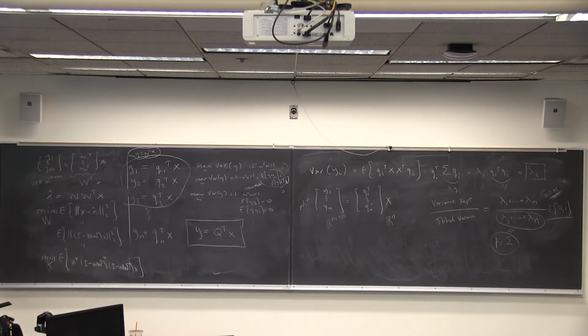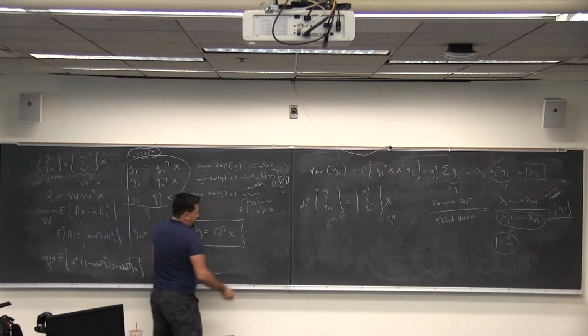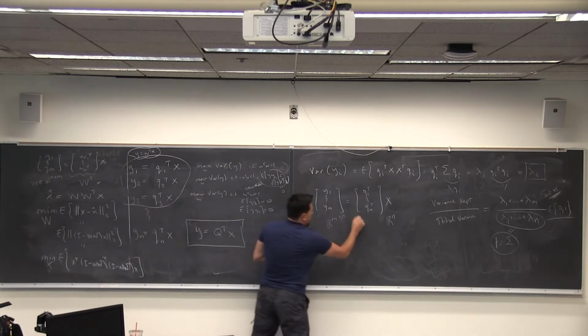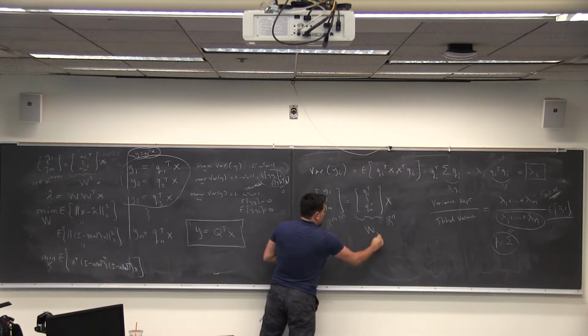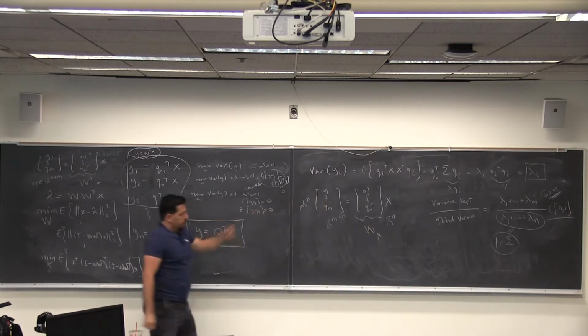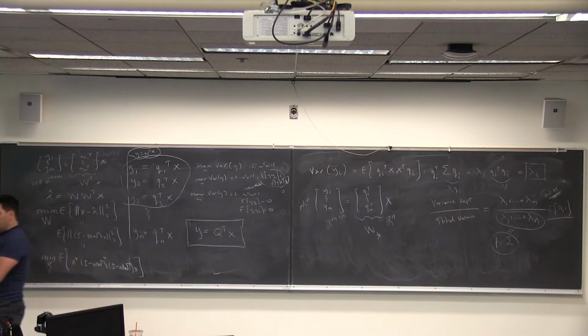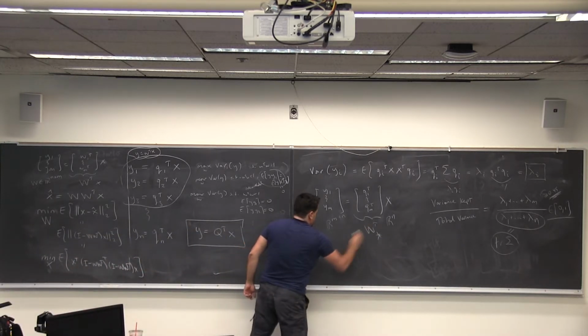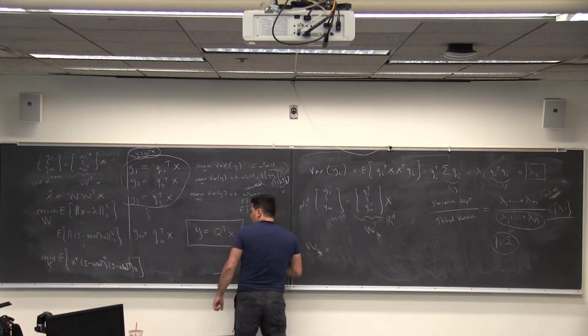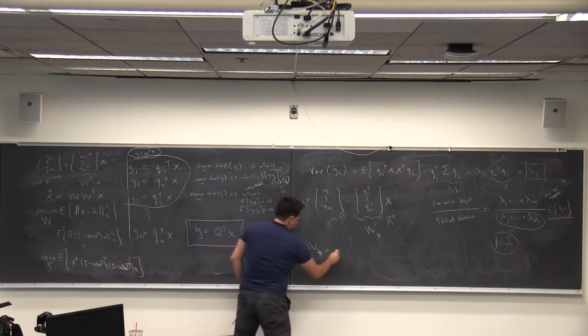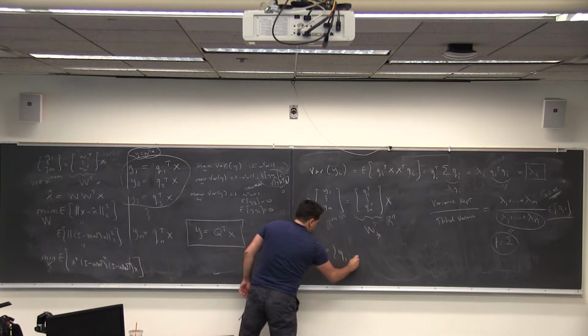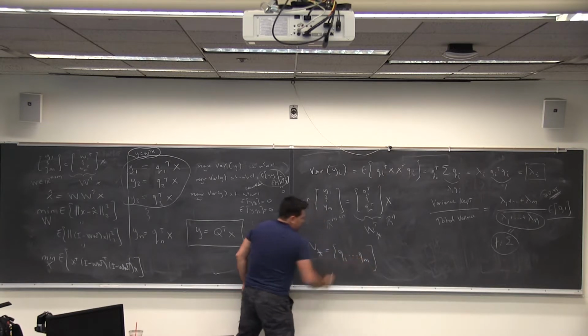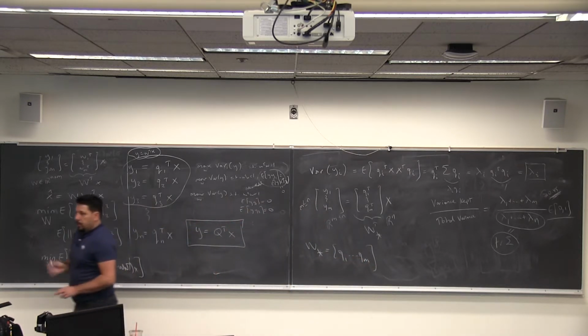So it turns out an optimal solution to this problem is a matrix that basically uses the first m eigenvectors of sigma, the covariance of X, in its rows, so that's W transpose.